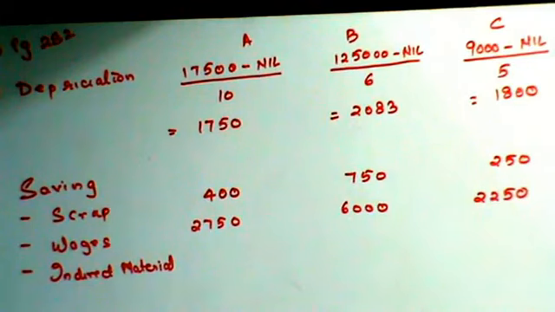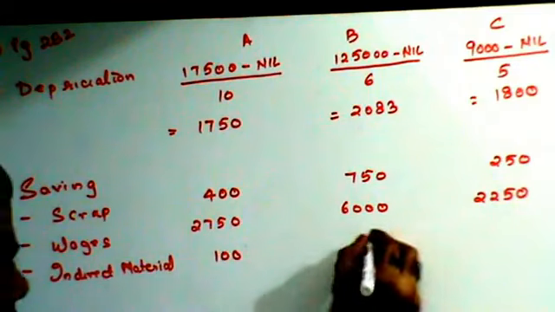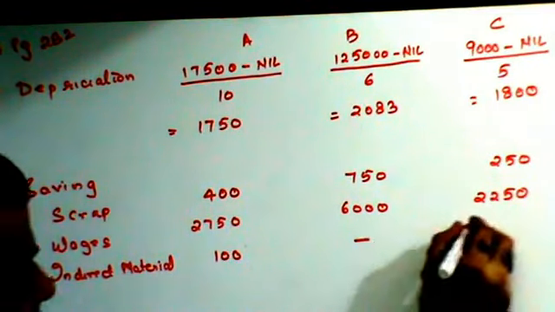Indirect material is 100 rupees for machine A, nil for machine B and 250 for machine C.